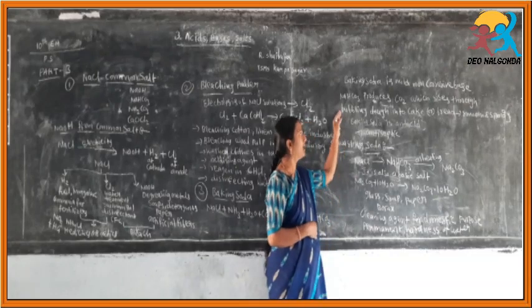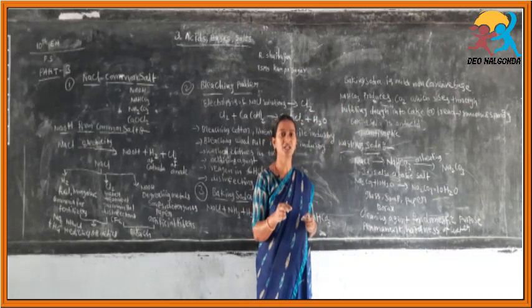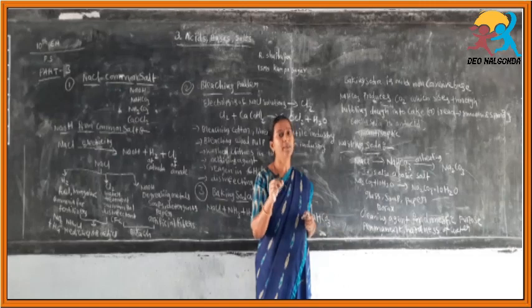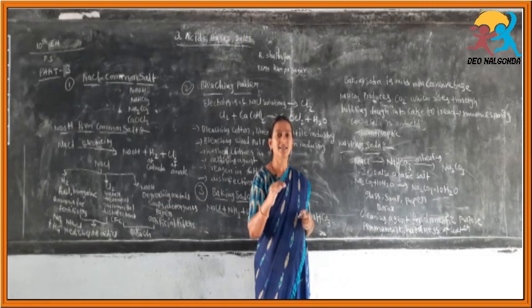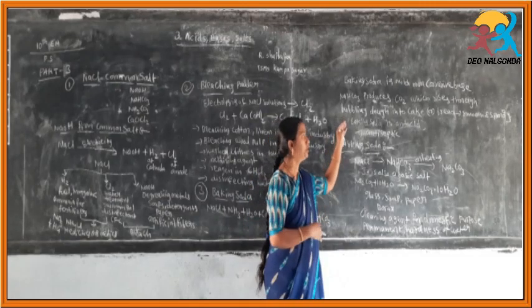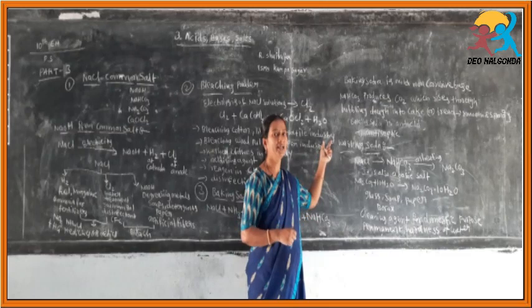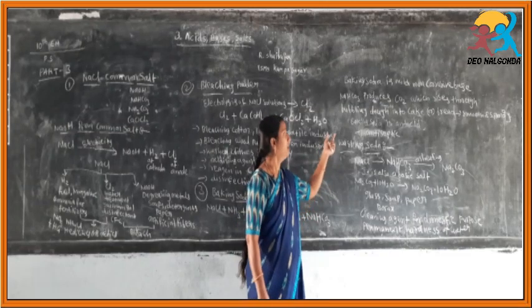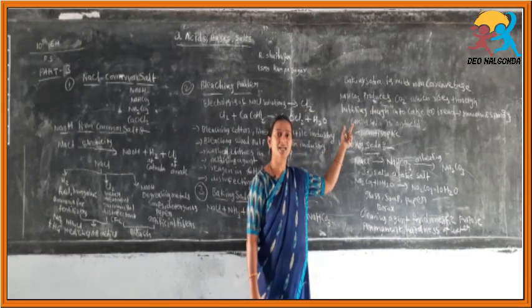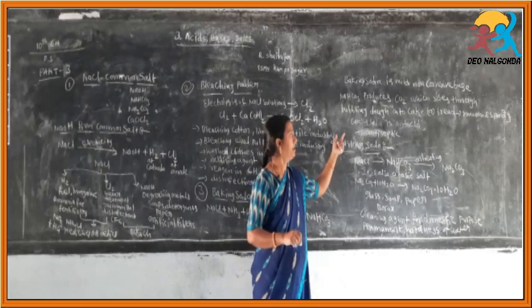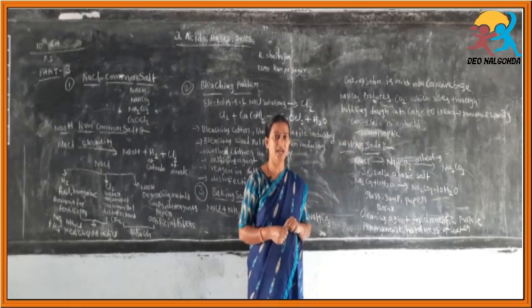This NaHCO3 releases carbon dioxide gas to raise the dough in cake and bread. We get a fluffy nature by adding this baking soda. Why? Because the carbon dioxide gas is released and it becomes smooth and spongy.